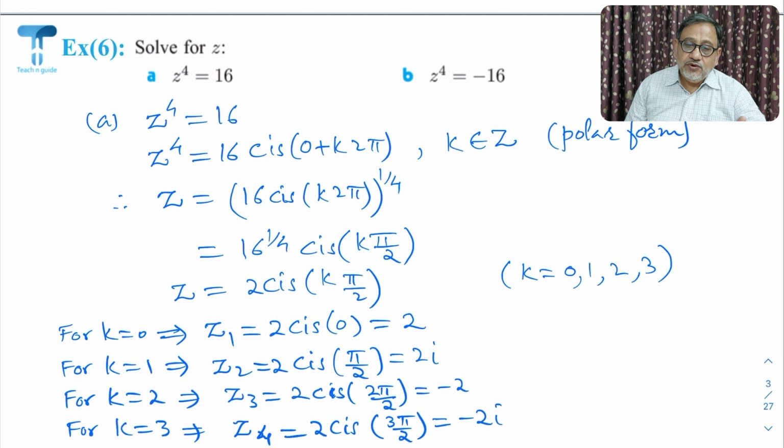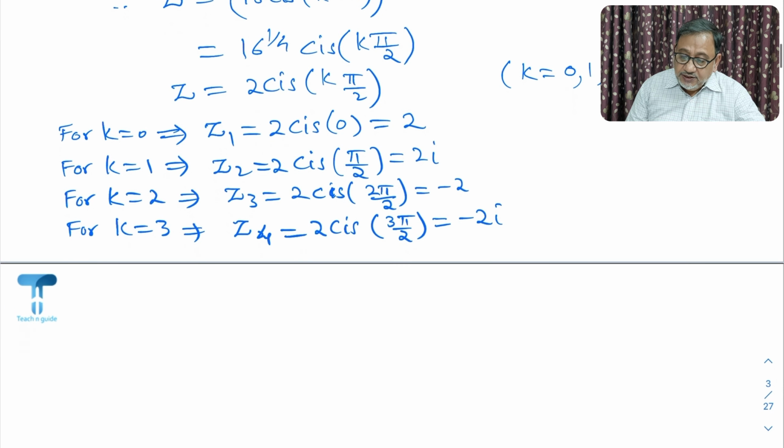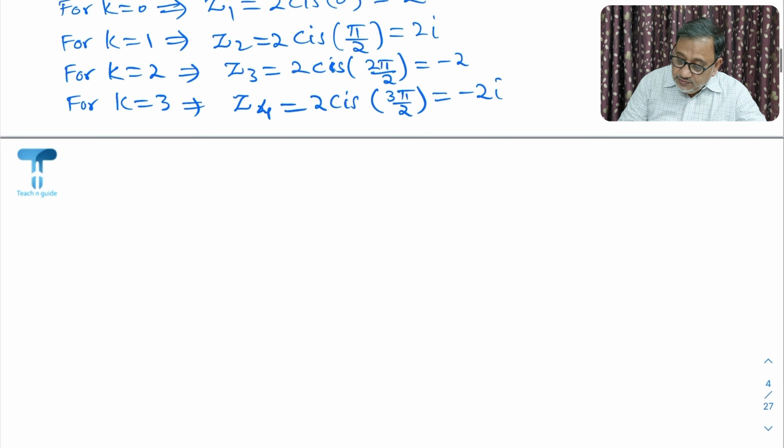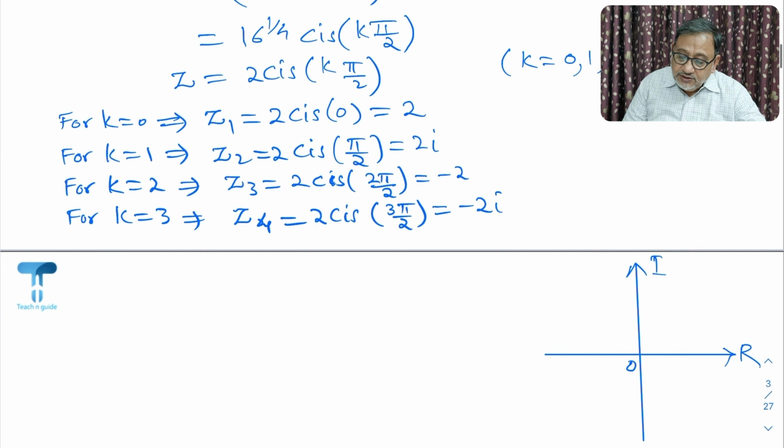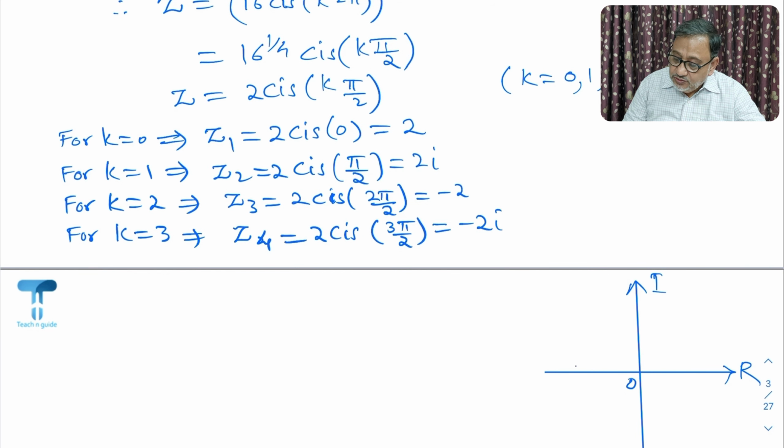Now suppose you want to plot them on a complex plane, how they will be. Let me show it to you. So I'll show you here. Real axis, imaginary axis, origin, and there will be a circle whose radius is 2 units.